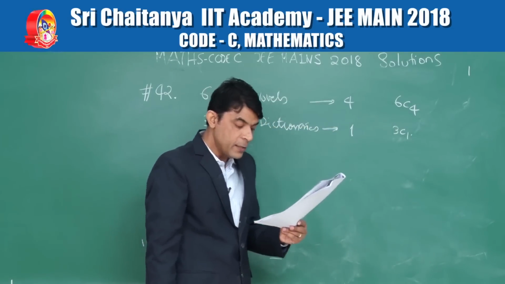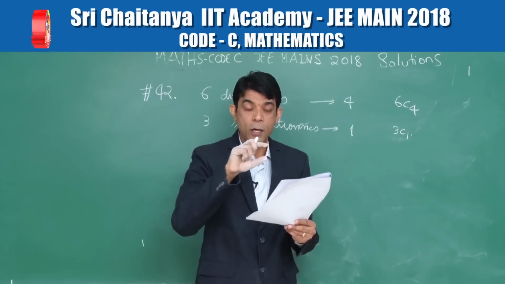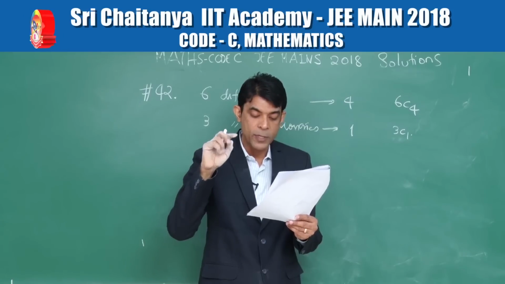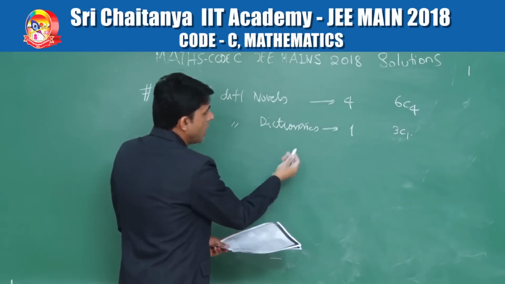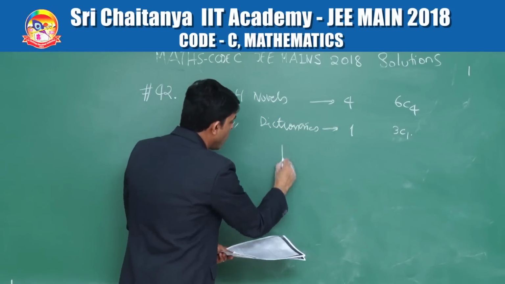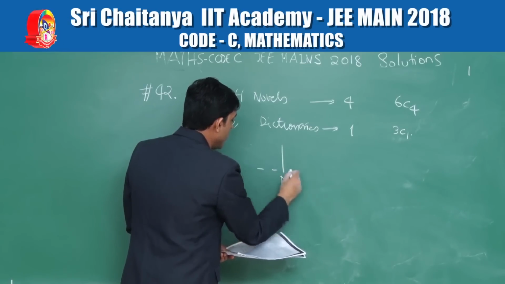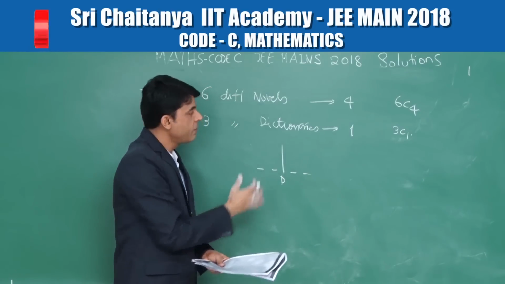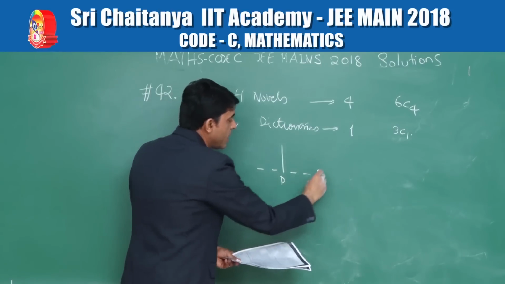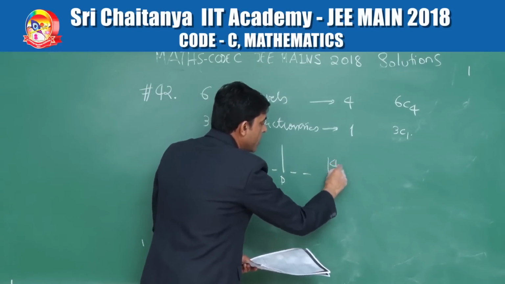Now the question says that they are to be arranged in a row such that the dictionary is always in the middle. So out of 5 objects, the dictionary is always in the middle. You are left with only 1, 2, 3, 4 places and 4 objects, and so this arrangement can be done in factorial 4 ways.